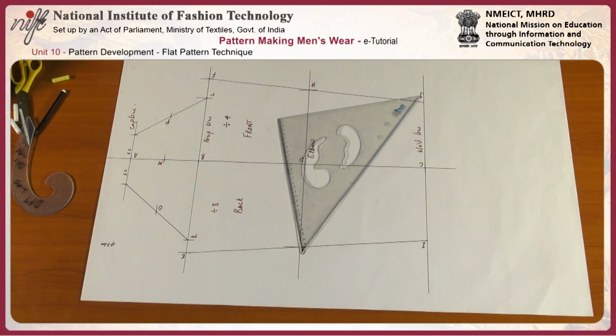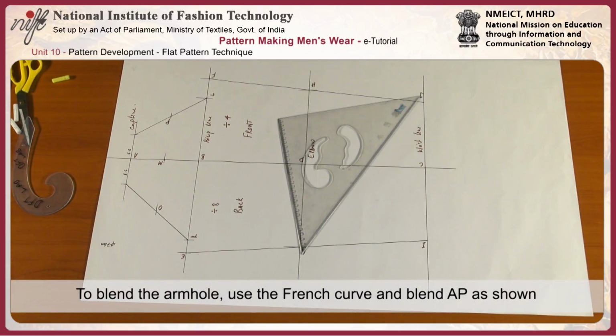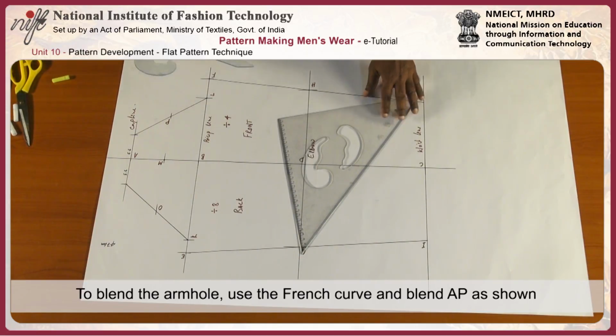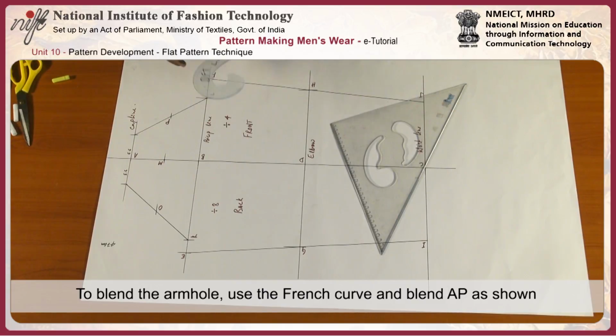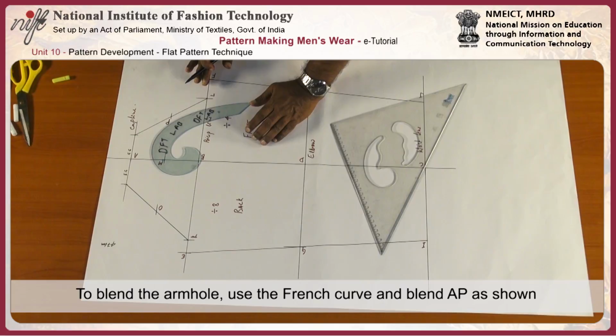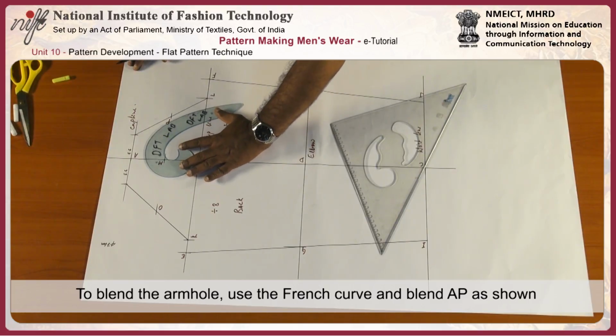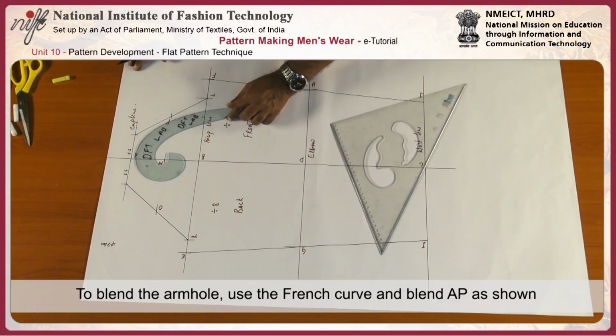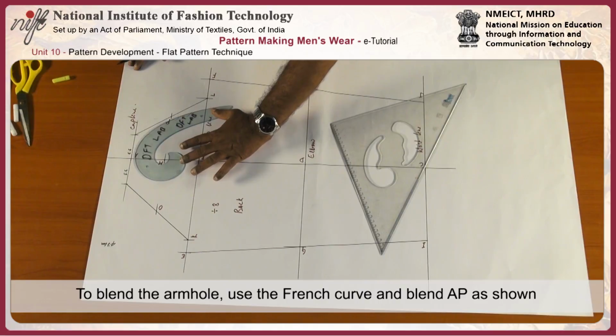Now blending of the cap line, that's the armhole. Use a French curve and follow the method I am going to use here to blend the armhole. From point A, you need to place the French curve like this.